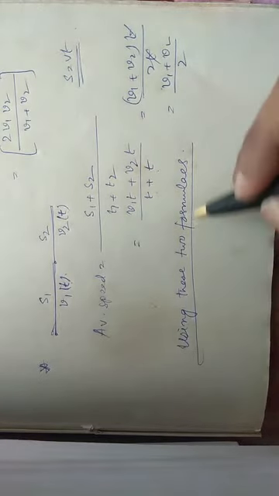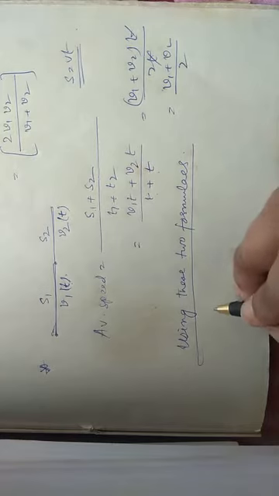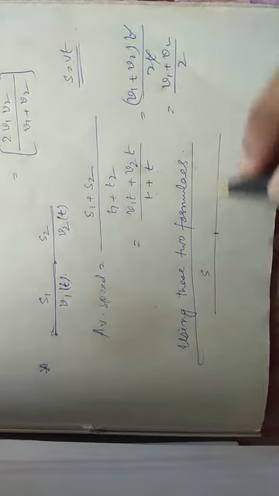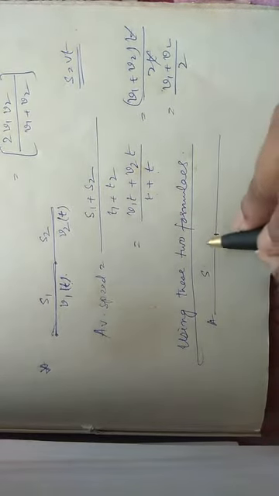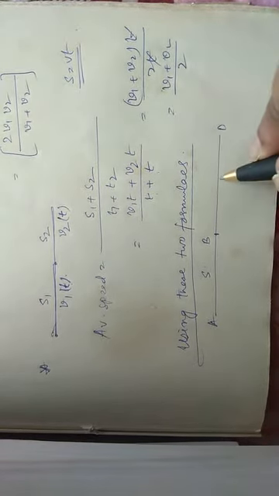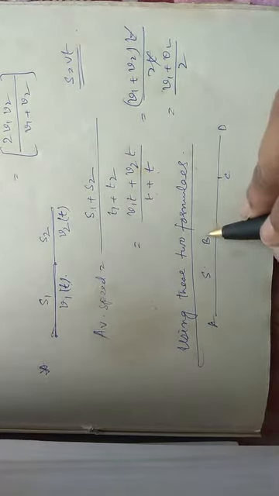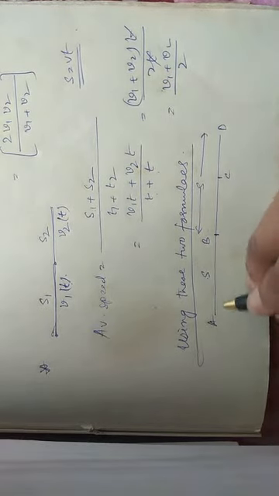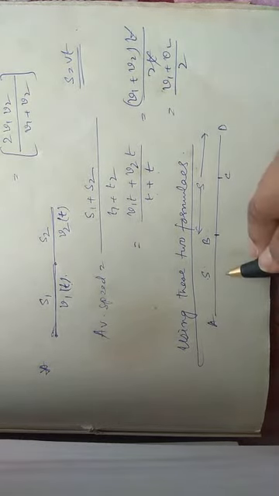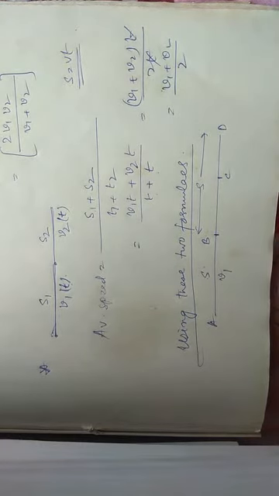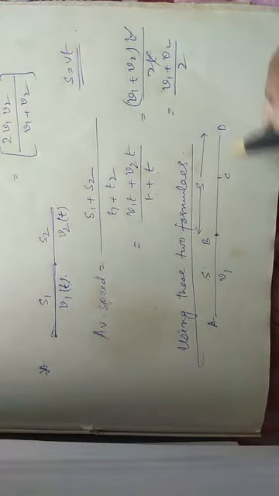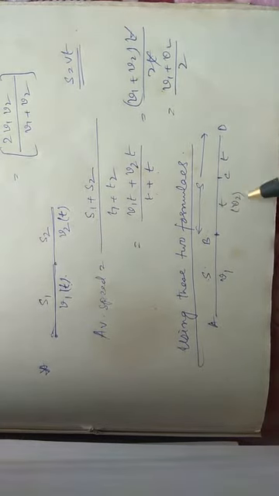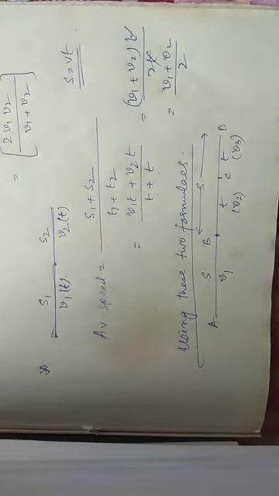Now using these two formulas, let us try to do one problem in which the first half distance AB is equal to s, BC is also equal to s, but this is covered by the body with velocity v1, and these are two intervals of equal time, one covered by velocity v2 and another covered by velocity v3.